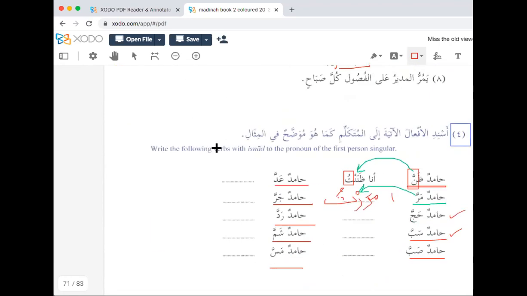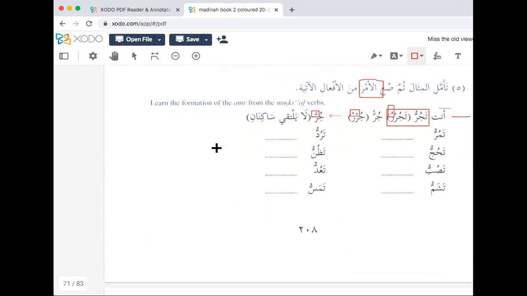He says over here in the exercises, jarra yajurru jurra. Okay, so the fi'l mudari' is tamurru, and this is originally tamruru.